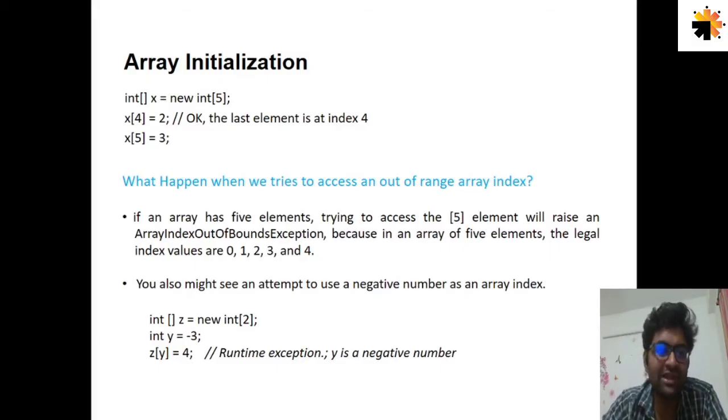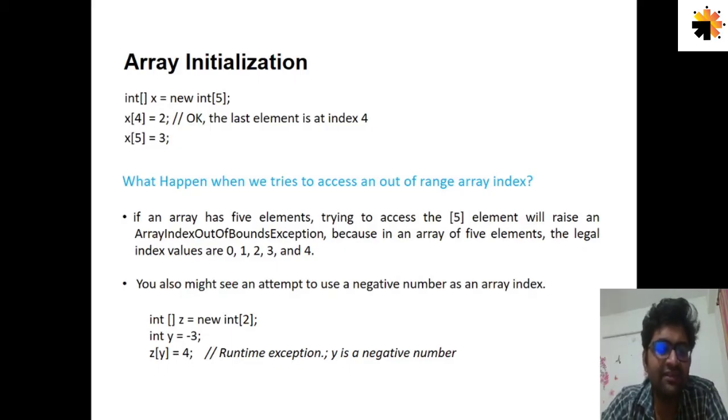If I want to initialize the 0th index, I'll give x of 0 equal to a value which can be any integer value. So x of 5 equal to 3 gives me an array index out of bound exception because it is out of index position. Also, you cannot give a negative number for the index position. See, in this example we have created an array which is z.